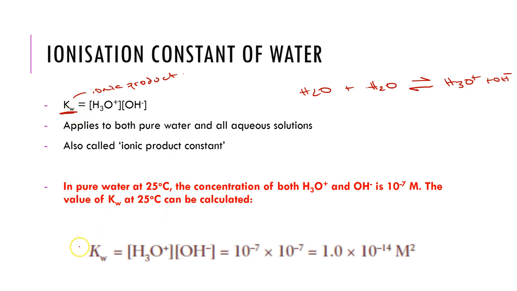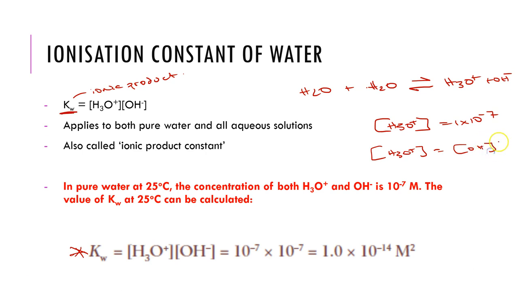It does have the value, as we see down here, of 1 times 10 to the negative 14. This is because you may remember we said in pure water, the concentration of H3O+ was equal to 1 times 10 to the negative 7. We also said that in a neutral solution, the concentration of H3O+ is equal to the concentration of OH-.